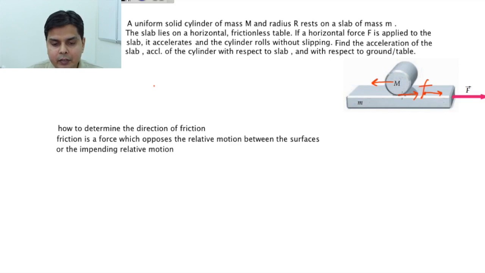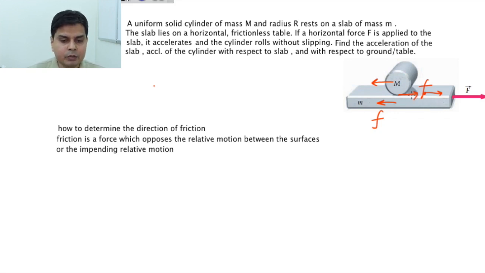Since it is acting in forward direction on this cylinder, it will be acting in backward direction on the slab. So this is a very easy method of finding the direction of force of friction. You just assume that these surfaces are frictionless, find the direction of that relative motion, and your force of friction will be opposing it.